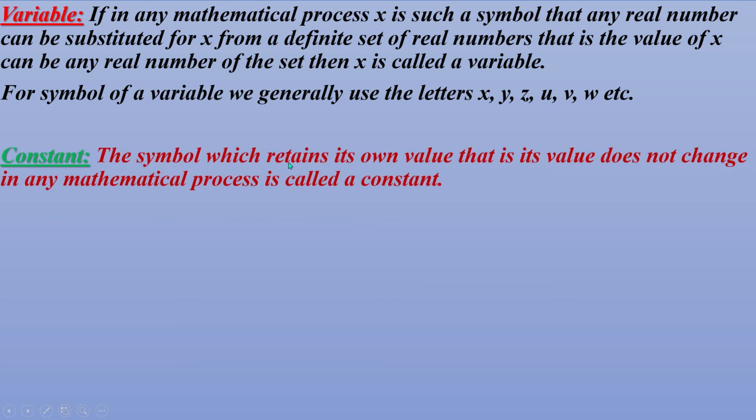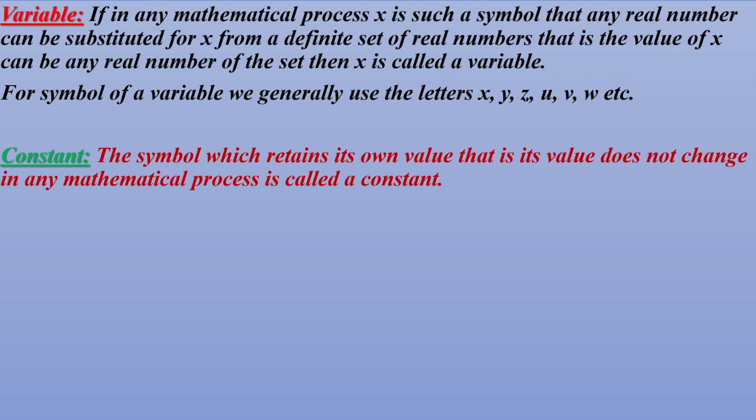Constant. The symbol which remains its own value, that is, its value does not change in any mathematical process, is called a constant. That means a value which is always fixed, not changeable. For example, 1 is always 1, or 2 is always 2.